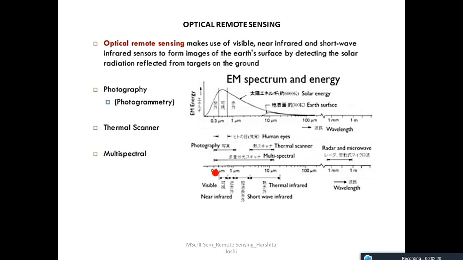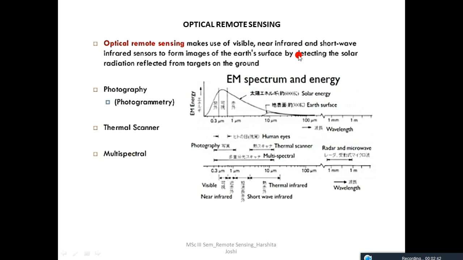So optical remote sensing can be done in three ways: by photogrammetry, the way of photography, like the stereo pairs you see in photogeology; by using thermal scanners; and multispectral can also be done. Within this, various bands can be used for multispectral.